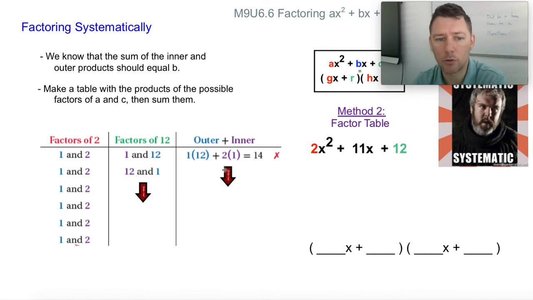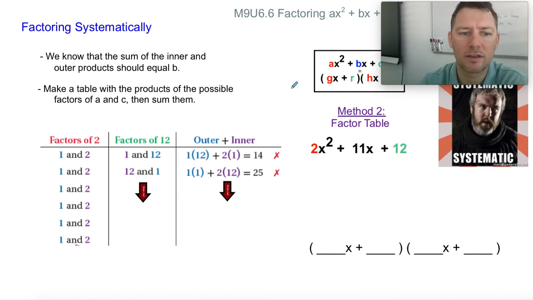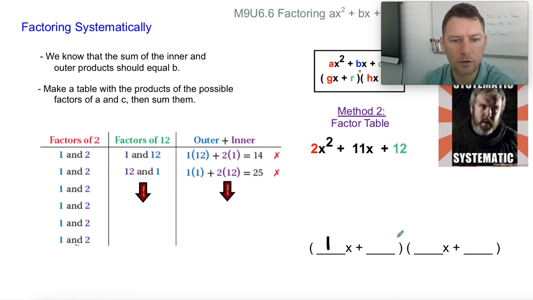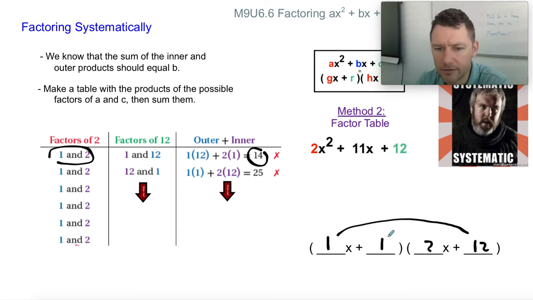That's not what we're looking for. You get 25 with 1 and 12. That's not what we're looking for. What we're doing here is this, right? You go 1 and 2. That's this piece. And this piece is if we went 1 and 12. And so we're getting the 14 from saying 12x plus 2 more x is 14x.